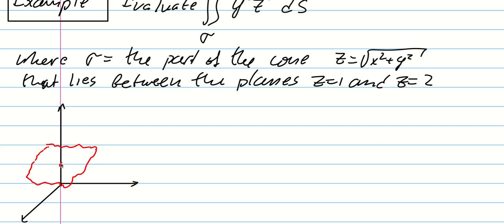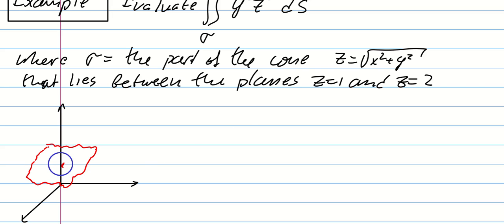Okay, so in this plane, when z is equal to 1, the radius of the circle is equal to 1. So we have a circle with radius 1 over here. Okay, so that's what it means for us.